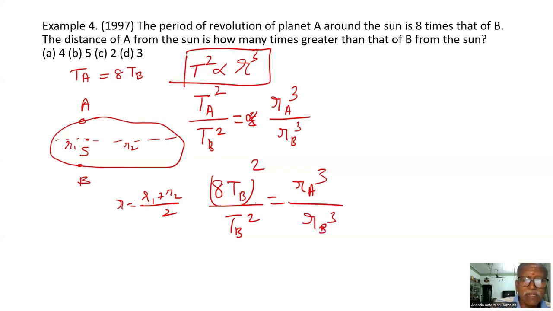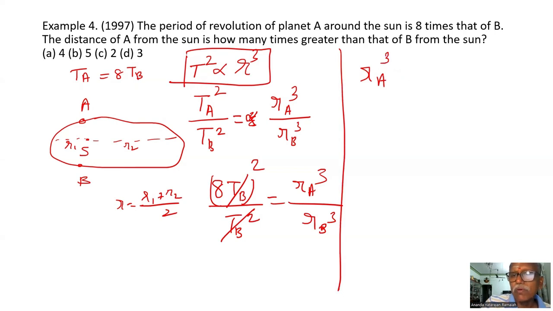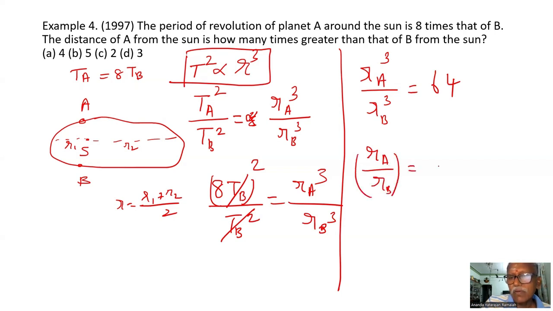TB square gets cancelled. Therefore RA cube divided by RB cube equals 64. Or we can say that RA by RB equals the cube root of 64, which can be written as 4 by 4 by 4.